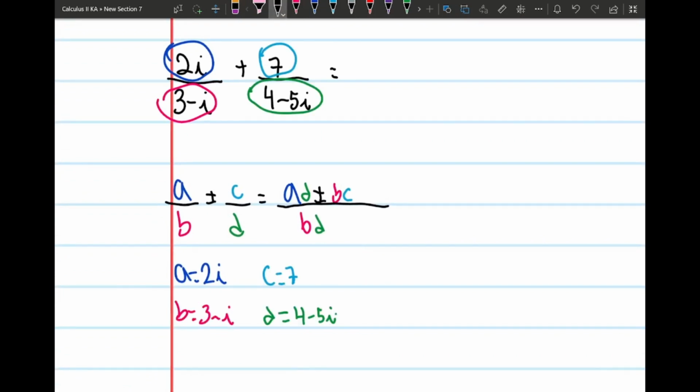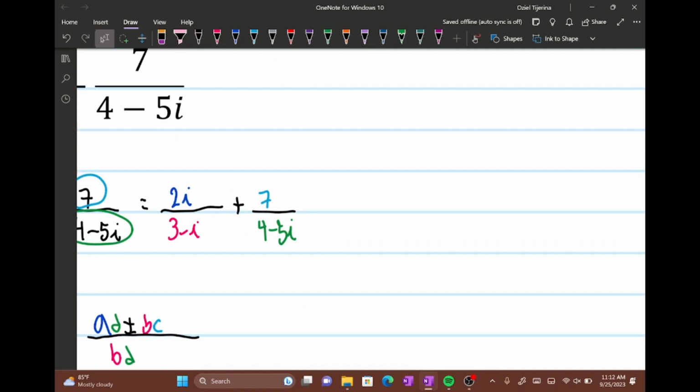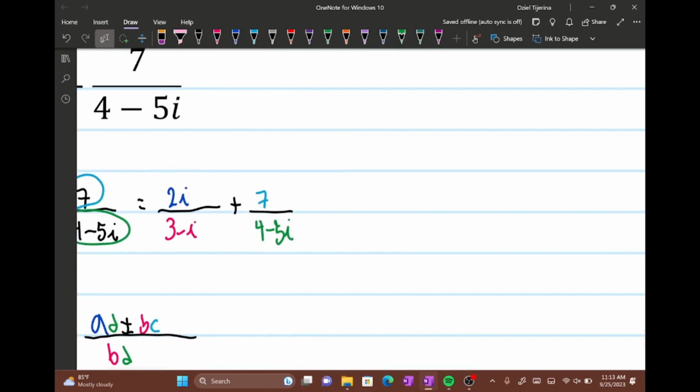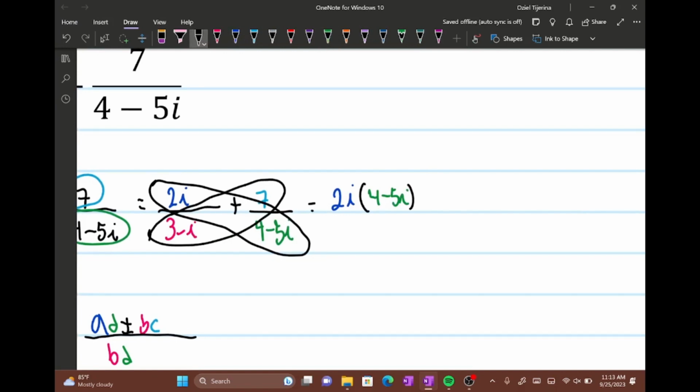All right, so let me go ahead and rewrite it by color coding. Okay, guys, so this is how it would look, and now we're just going to go ahead and cross multiply. So this is going to be 2i times 4 minus 5i, and then plus 7 times 3 minus i.